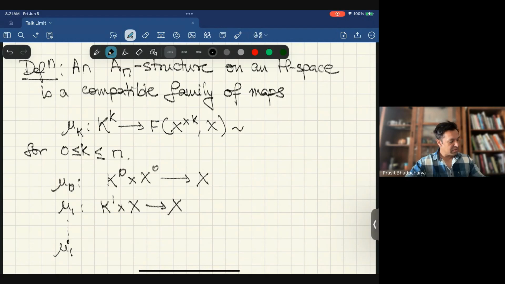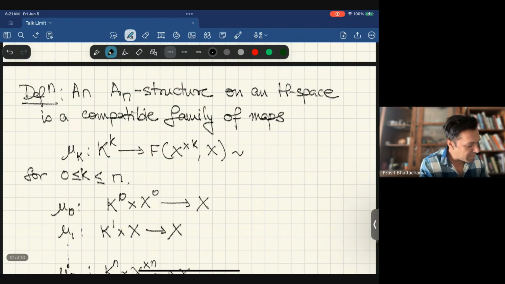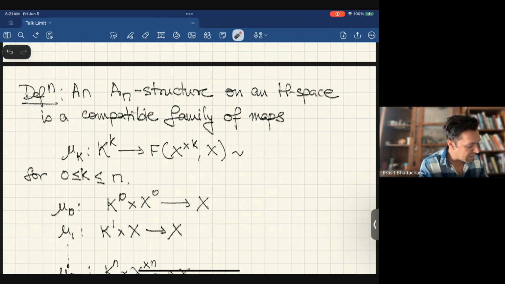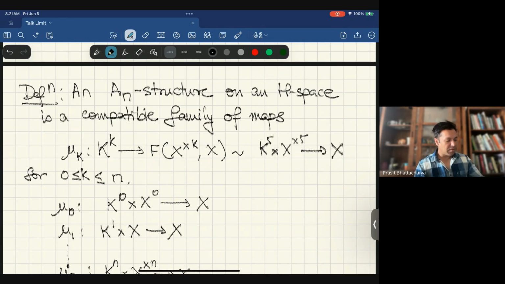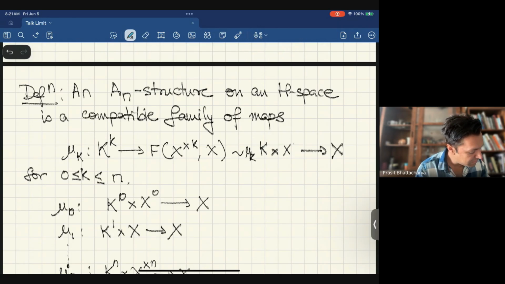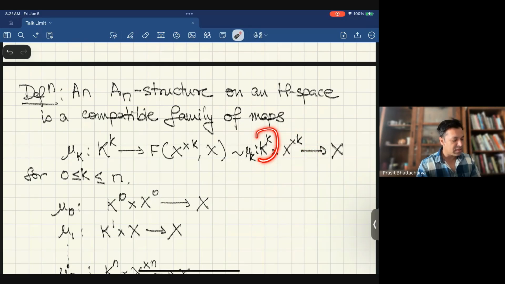In general, mu_n is going to be K_n cross X^n to X. By the adjunction I discussed earlier, mu_k can also be thought of as a map from the kth Stasheff polytope cross the k-fold Cartesian product of X into X. So this is sort of parameterizing k-ary operations.